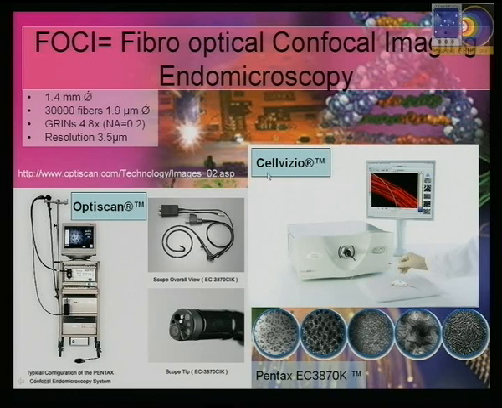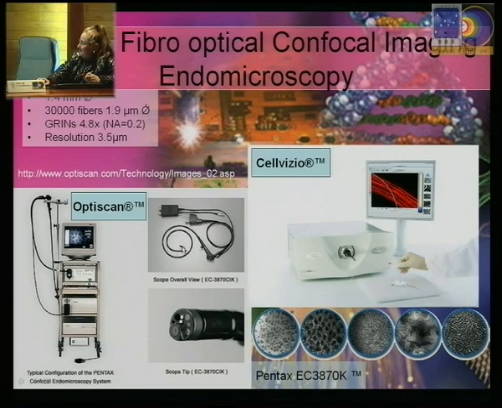One is the Optiscan and the other is the Cellvizio. The Cellvizio looks smaller, although as you will see it is not, than the Optiscan, which is a regular Pentax endoscope, in which in the biopsy channel, instead of introducing the biopsy sampling cable or fiber, you introduce a confocal microscopy fiber, which is that one.